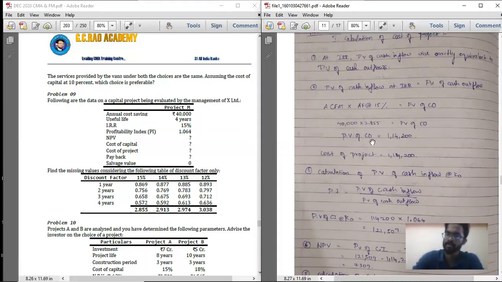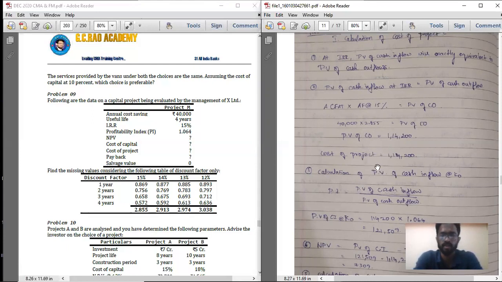So multiply it. Present value of cash inflow is 40,000 into 2.855. You are getting 1,14,200. Present value of cash outflow is equal to 1,14,200. Below that, cost of the project is equal to whatever is the present value of cash outflow.